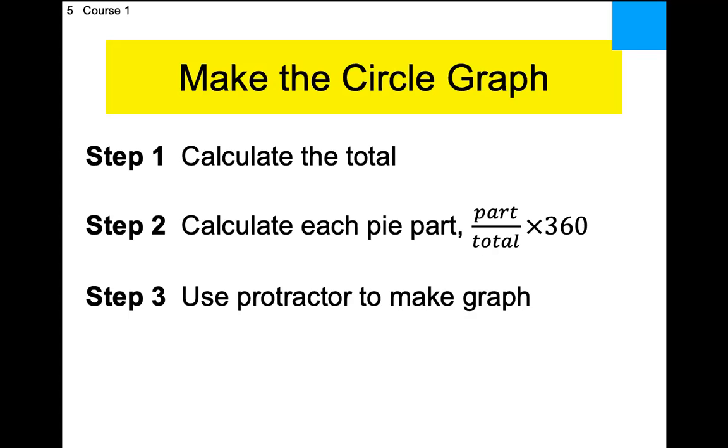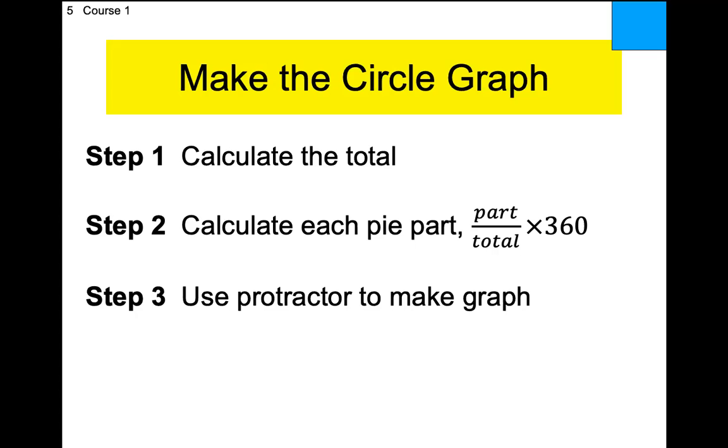So once you calculate the percent, that's the fraction part right there in step 2, you multiply it by 360, and that will tell you how many degrees that individual piece requires on the circle graph. If all of that sounded like blah, blah, blah, that's fine. When we actually do one, it will make sense.